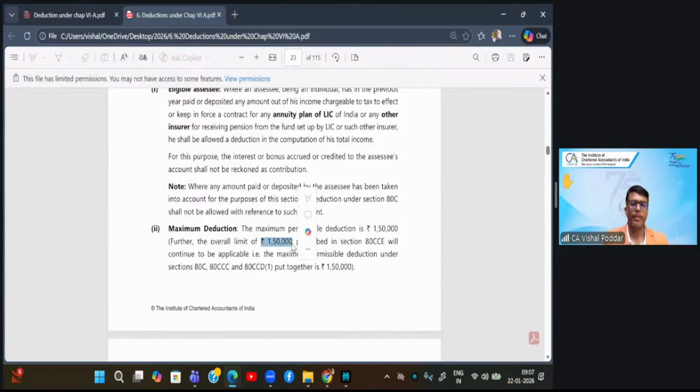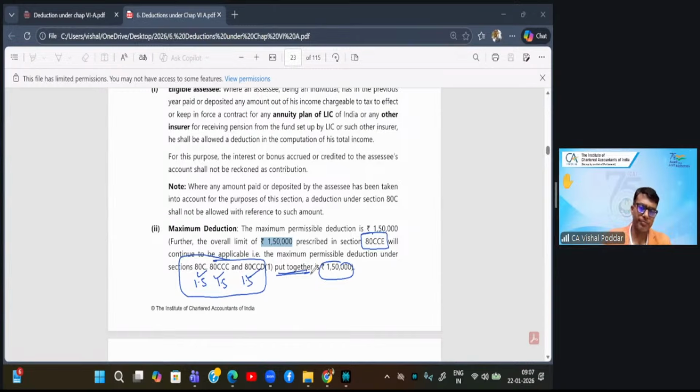However, there is a section which is 80CCE, which says that even though for these individual sections, individually I have kept a limit of 1.5, the combined limit also is 1.5. Very important.